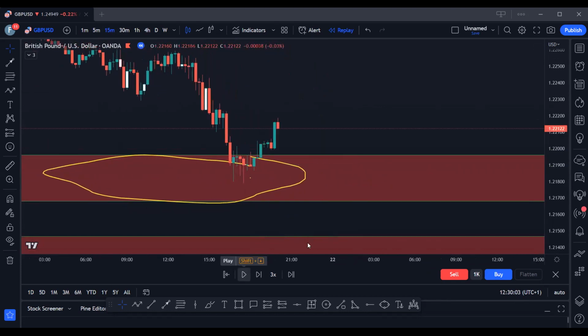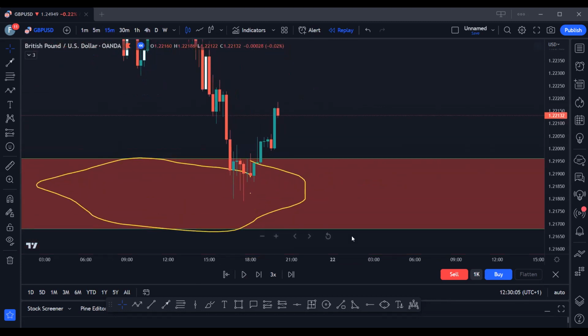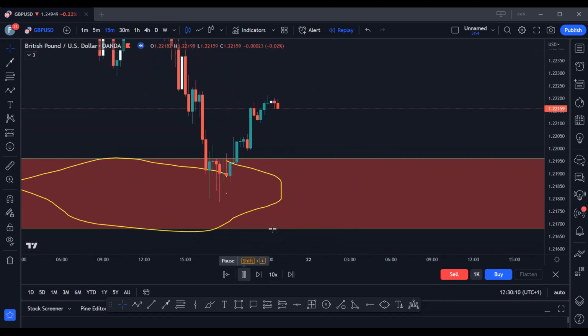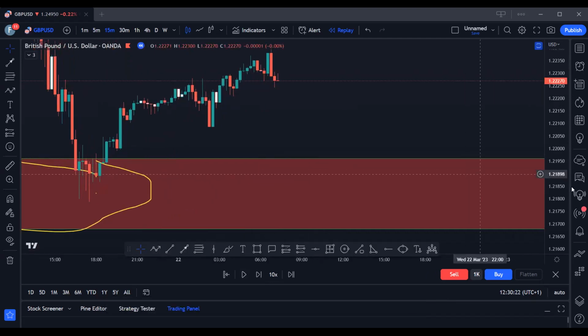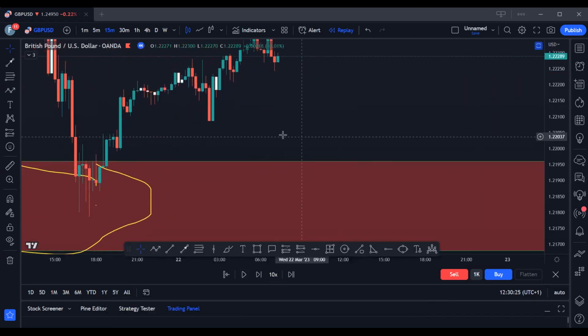You can see what price is doing. Now, check out what price did here.